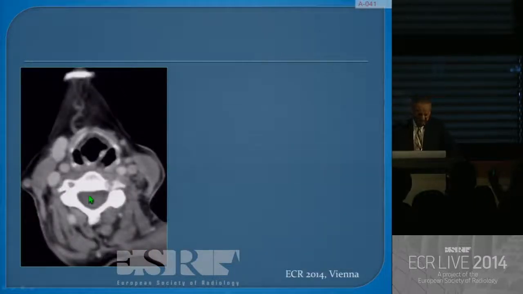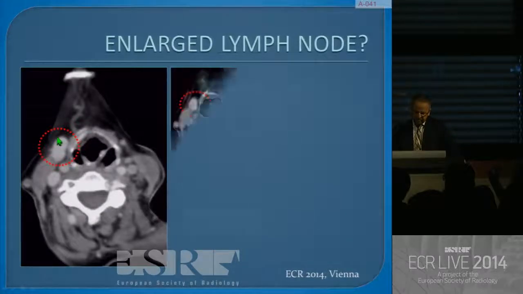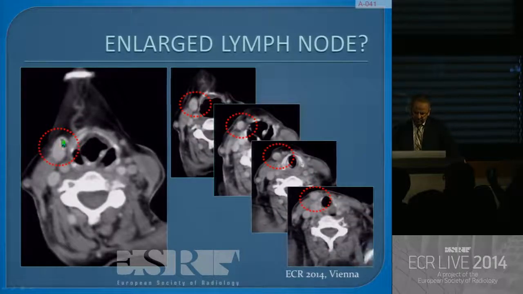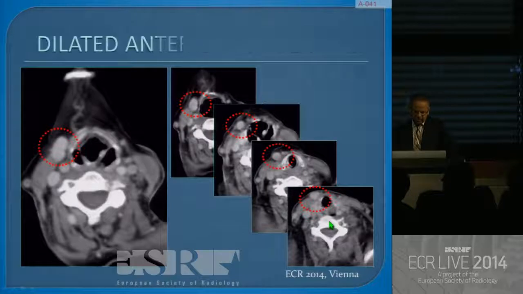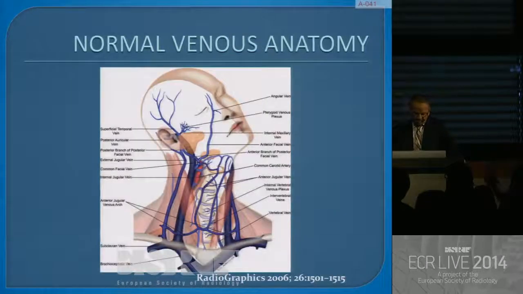A different case, there's a nodular lesion on the right side. Is it a lymph node? Let's follow it downwards. It's moving anteriorly and inferiorly. No, this is not a lymph node. It's the dilated anterior jugular vein. We have three main components of the venous system of the head and neck.